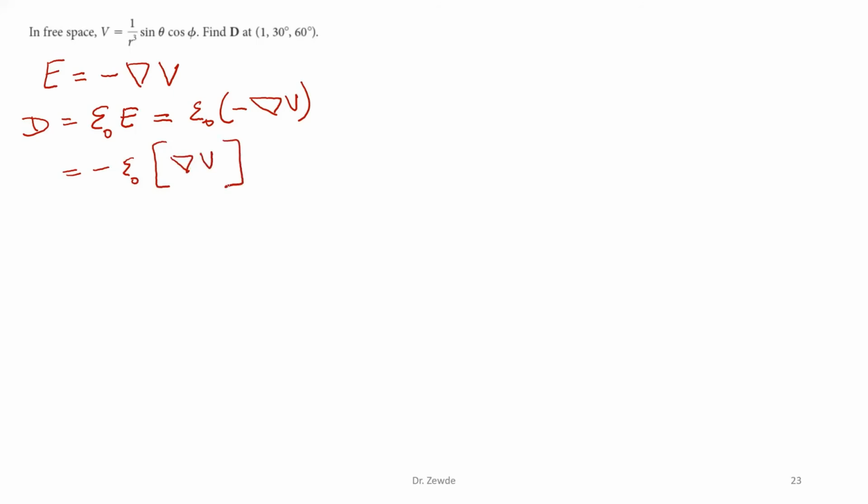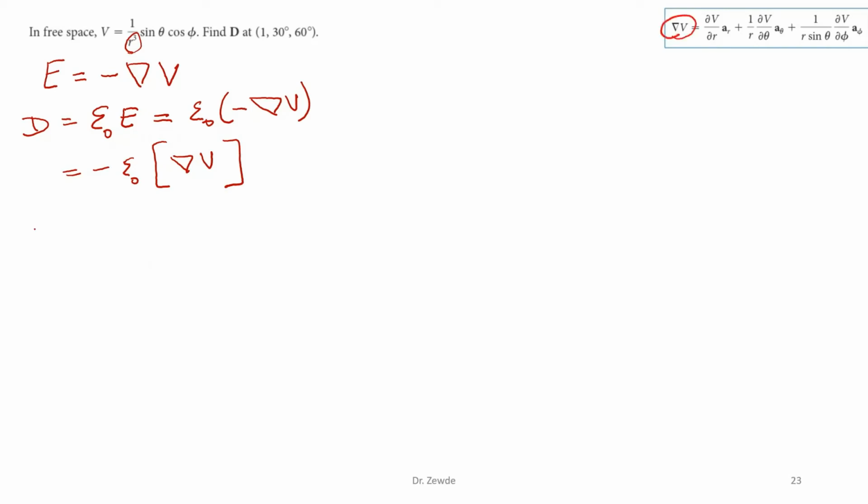Now, in this case, we have a spherical coordinate system because the parameters are R, theta, and phi. So we have to use the gradient expression for the spherical coordinate system. As you can see in the corner, the gradient for the spherical coordinate system is given here.